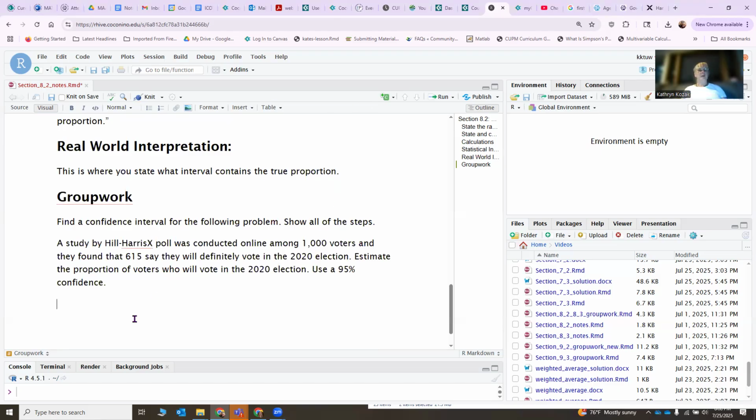All right, so first step of every problem is you're going to state the random variable and parameter. So in this case, my variable is the number of voters who will vote in the 2020 election.